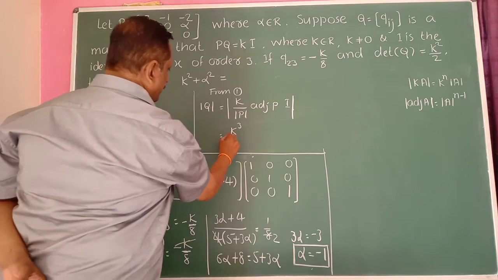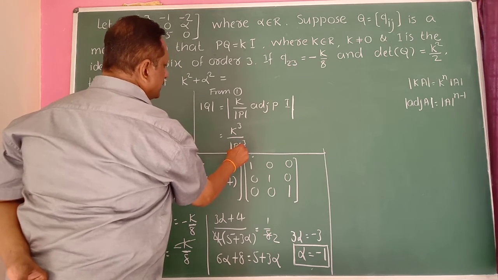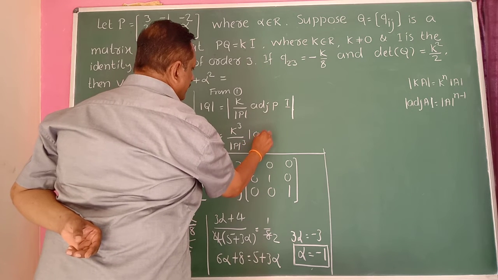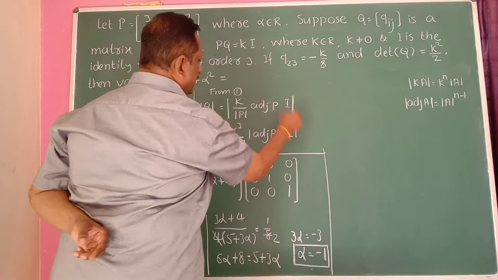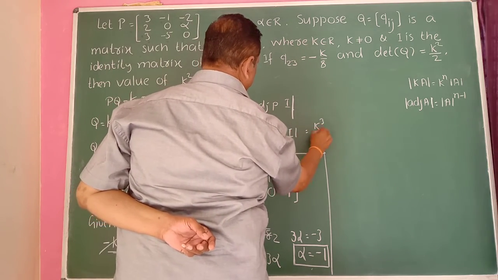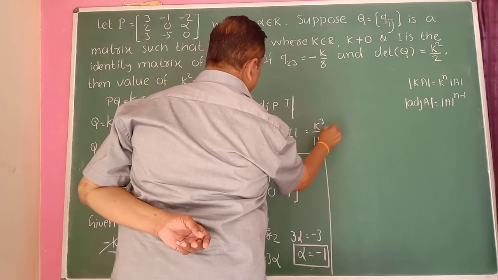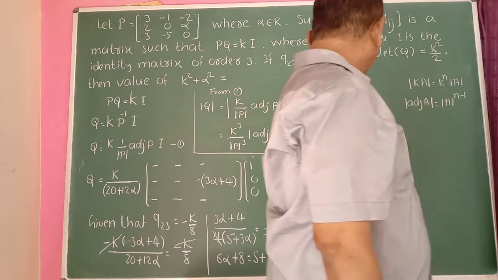K raised to 3 upon determinant of p raised to 3 here. 3 is the order of the matrix here. Then determinant of adjoint of p into determinant of I. Therefore k cube divided by determinant of p cube into determinant of adjoint of a, using that formula.